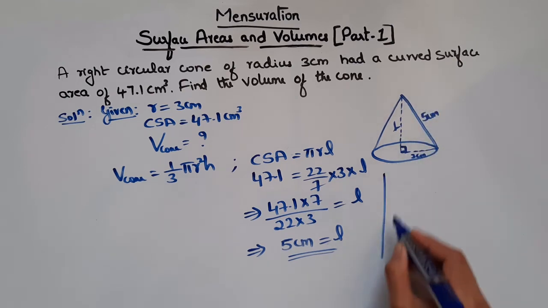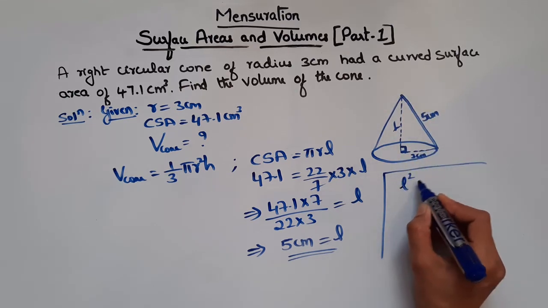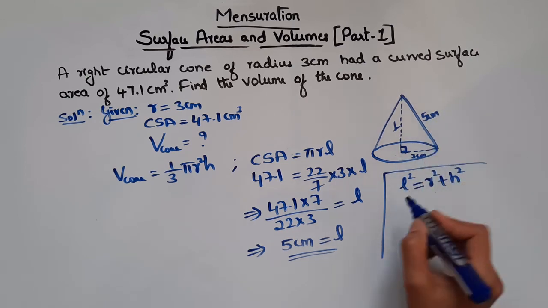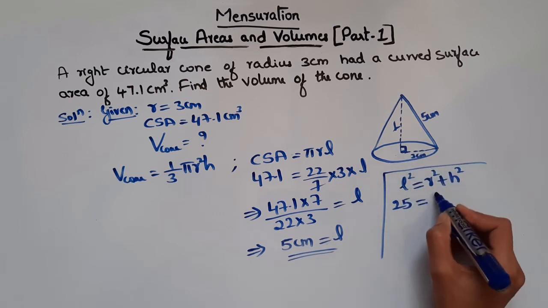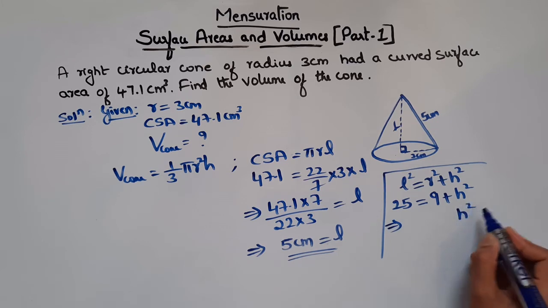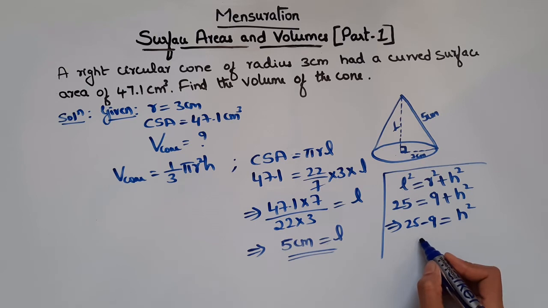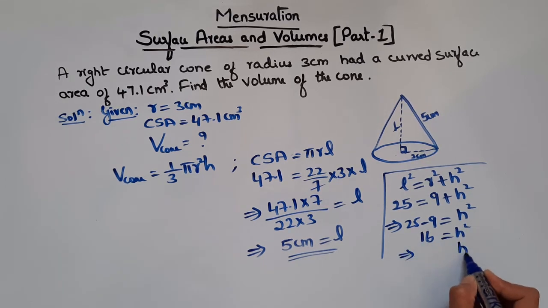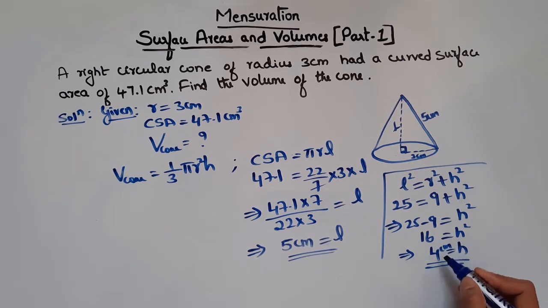So when you apply Pythagoras theorem to this triangle, here the hypotenuse is this slant length. So L square is equal to r square plus h square. L is 5, so 5 square is 25, which is equal to r is 3, so 3 square is 9 plus h square, which implies h square is equal to 25 minus 9. So 25 minus 9 is 16, which is equal to h square, which implies h is equal to square root of 16, which is 4 centimeter. So we got the height of the cone as 4 centimeter.